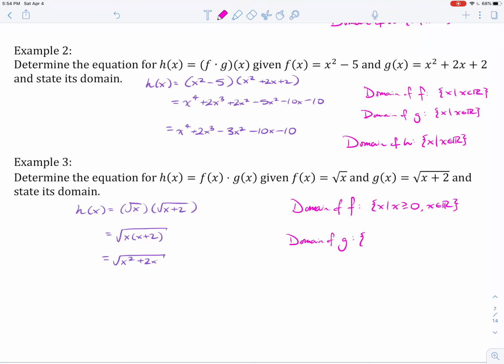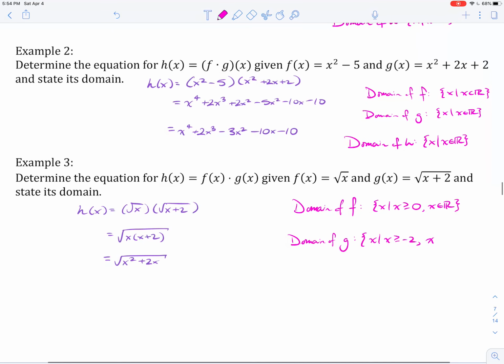And for g, x has to be at least negative 2. But for h of x, the product function, what do we do there? We take whatever's common.